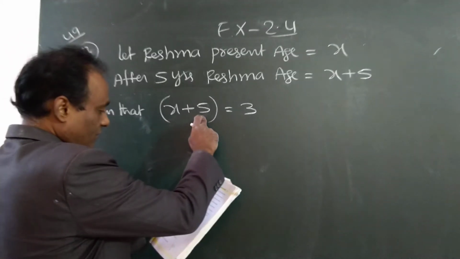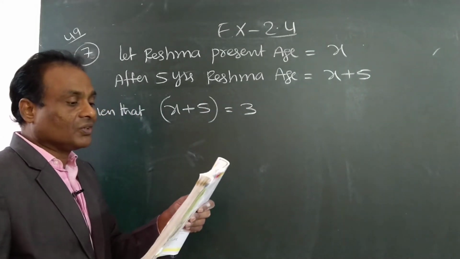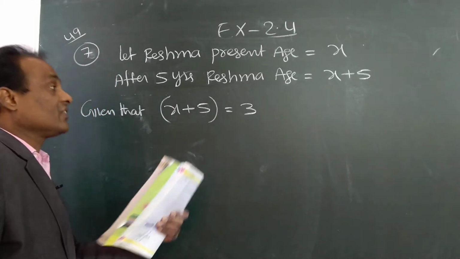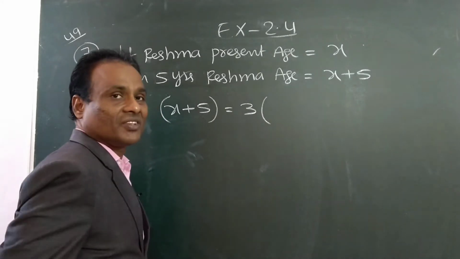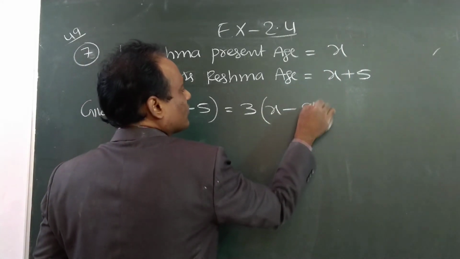In 5 years, Reshma will be 3 times as old as she was 9 years ago. 3 times her age 9 years ago. Present age is x. 9 years ago means x minus 9.